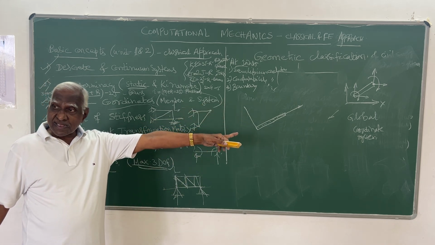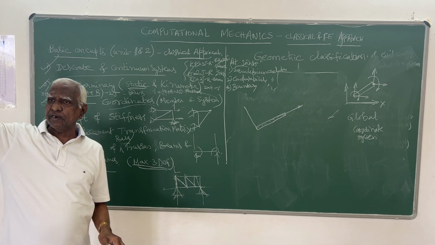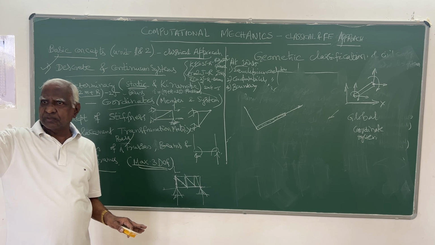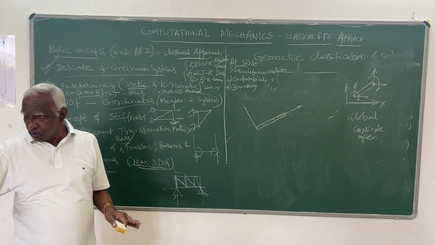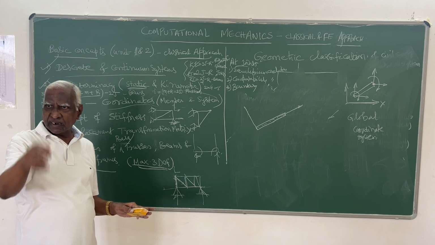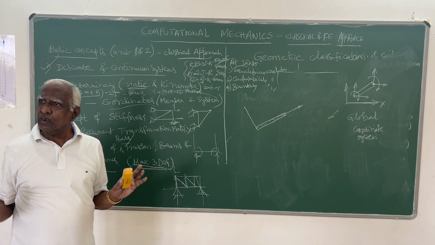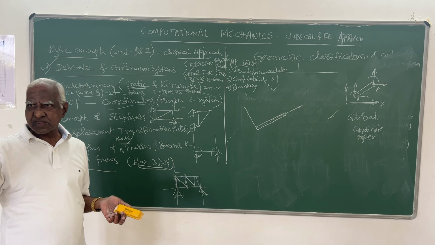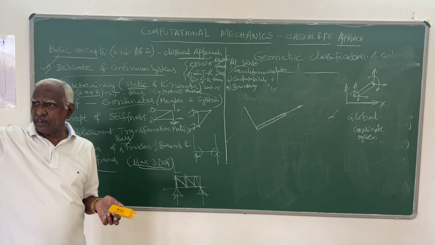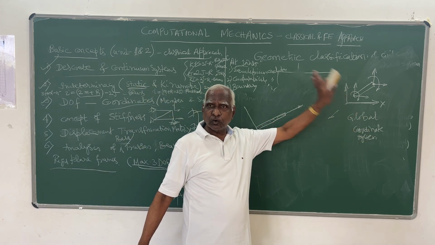This global axis may be anywhere. With reference to that, we have to identify the coordinates of the nodes with respect to the fixed horizontal direction, the fixed vertical direction, and the third direction. We have to establish the x, y, z coordinates of all the nodes. That is the global coordinate system.